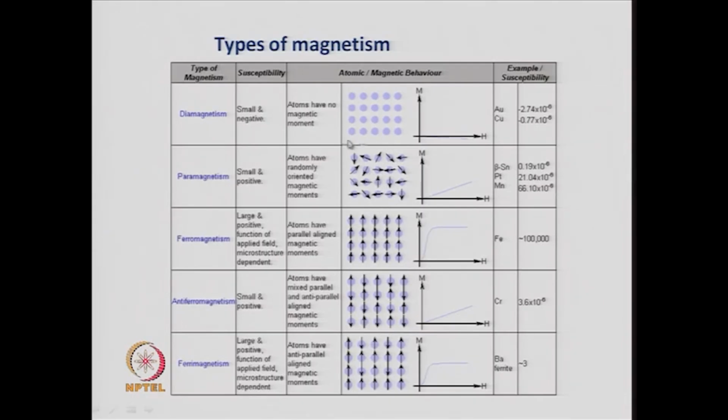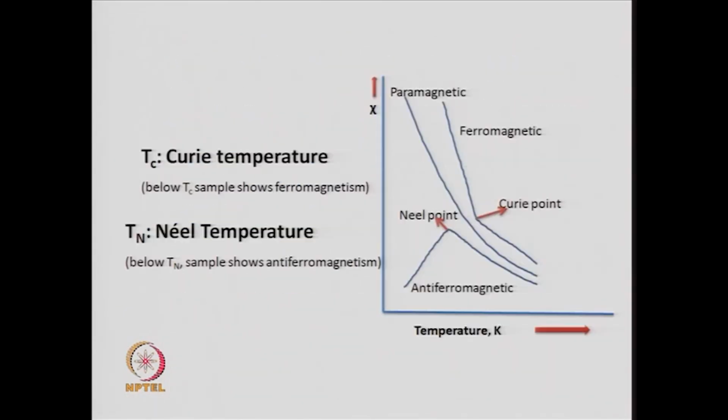So, the behavior of a paramagnet is, as you lower the temperature, the moment will increase slightly, because these moments will start aligning with the field. But when it comes to a temperature where all the moments align, then you will see a sudden increase in the magnetization. So, that is what you see in a ferromagnet.